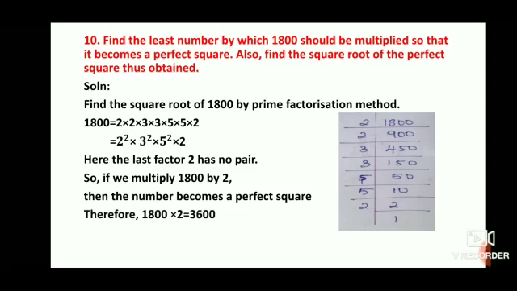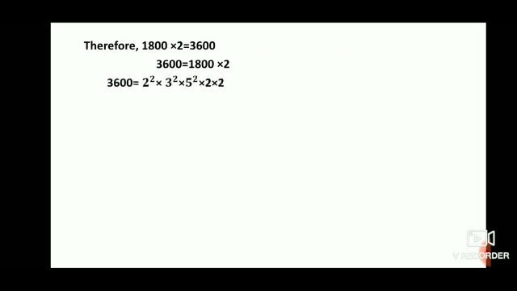Therefore 1800 into 2 is equal to 3600. So 3600 is equal to 1800 into 2. So that 3600 is equal to 2 squared into 3 squared into 5 squared into 2 into 2.